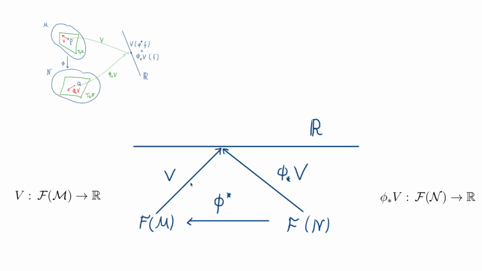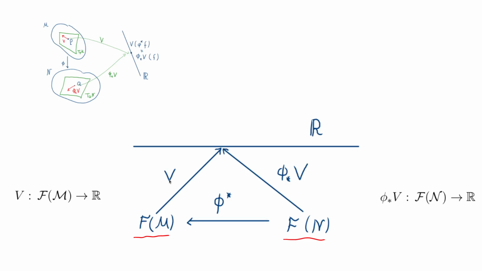This simplified diagram also gives us a simple overview of the situation. Here F(M) and F(N) are the differentiable functions on M and N respectively. The pullback phi star is a map from F(N) onto F(M), and vectors can be considered as maps from F(M) onto the real numbers and F(N) onto the real numbers.